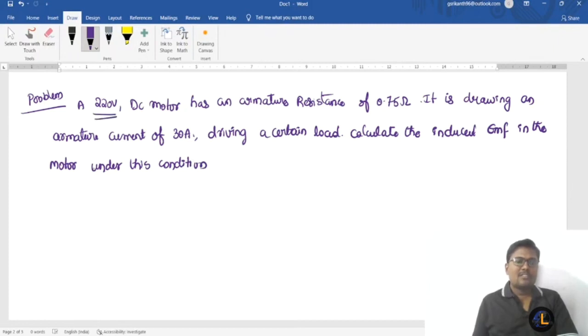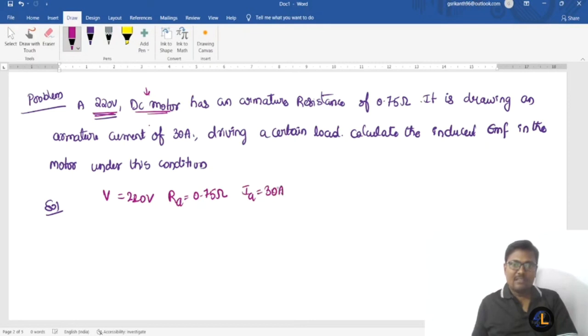A 220 volts DC motor means the given data is giving the supply voltage. As we discussed in the previous lecture, a 220 volts DC generator means that is the output term, the terminal voltage. A 220 volts DC motor means the input is electrical, that's why the input voltage is 220 volts, armature resistance is 0.75 ohms, and armature current is 30 amperes.